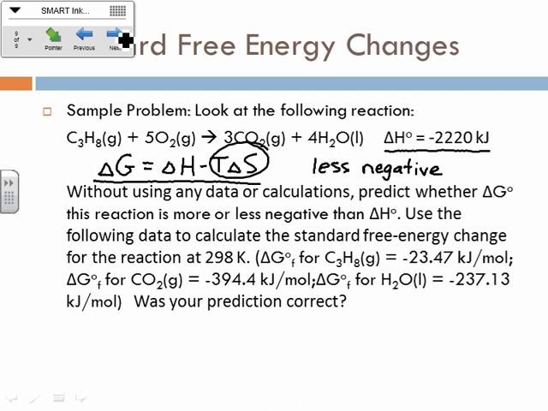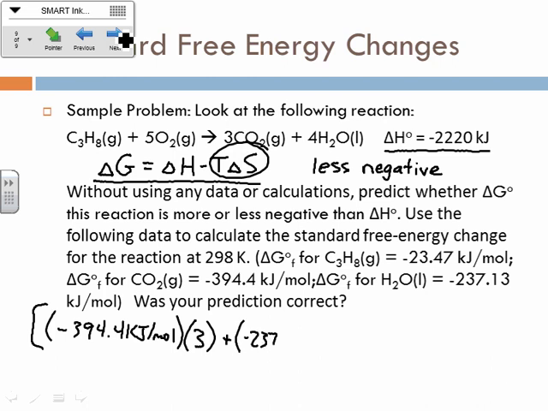CO2, where's the CO2? Negative 394.4 kilojoules per mole times 3 moles of that. Going to be a little lazy with my units here. Plus we've got the H2O, negative 237.13 times 4.